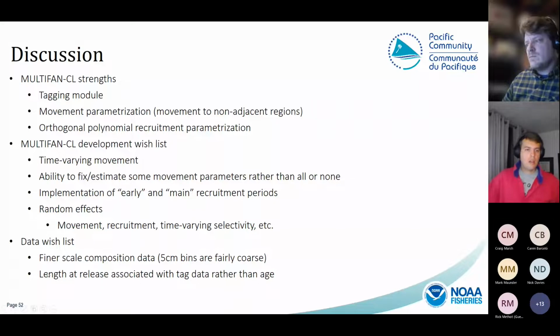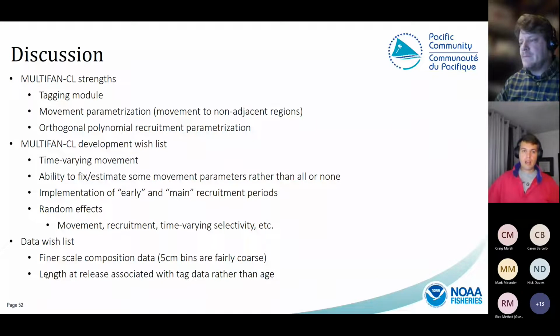And then because we used the growth that was provided in the OM, we were able to get away with this. But for the data sets, the tagging data was provided with the age at release rather than the length at release. So we were able to convert, or try to convert, from age to length using the growth curve.